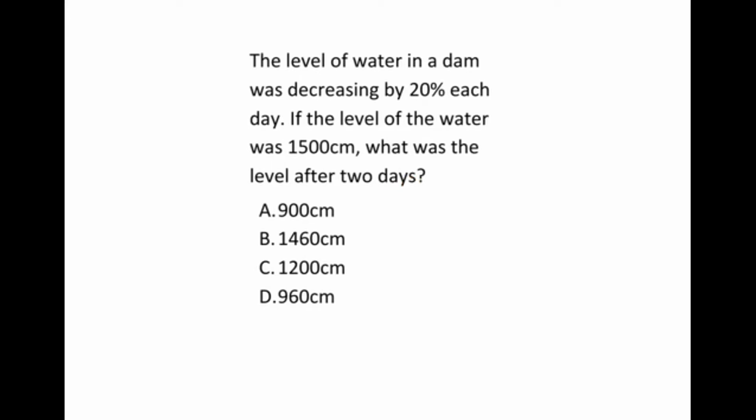Solution. Therefore, the level of the water was decreasing by 20%. That is a decrease, we can just represent it by the letter D. We talk of a 20% decrease per day.